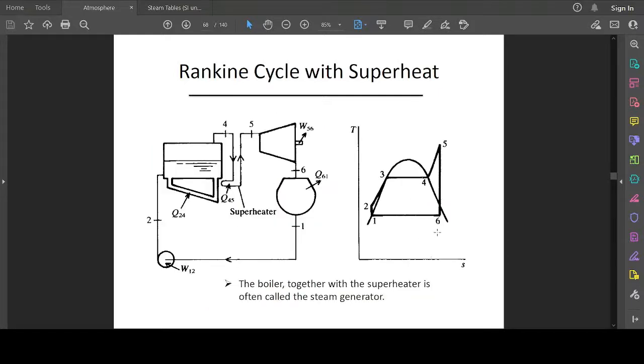And as you can see on this temperature entropy diagram, the additional heater to superheat the steam is included in the diagram as well, okay? Because before it goes into the turbine at stage 5, there is a change in temperature as a result of that additional heating done to the steam leaving the boiler, okay?